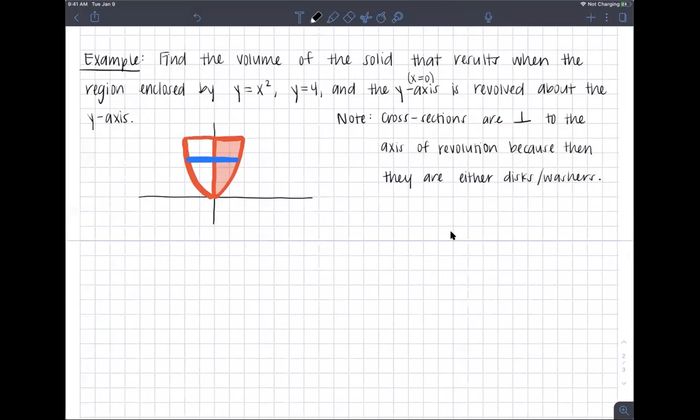Okay, so which variable then am I integrating with respect to, x or y? Yeah, we're actually going to integrate with respect to y this time, right? Because if you think about it, I'm going to go back up here.